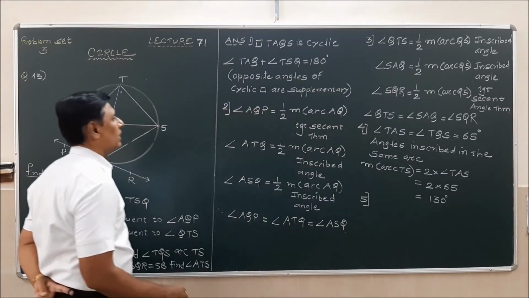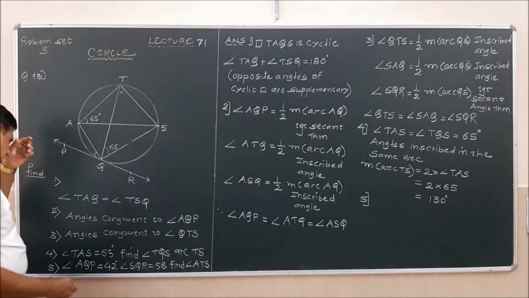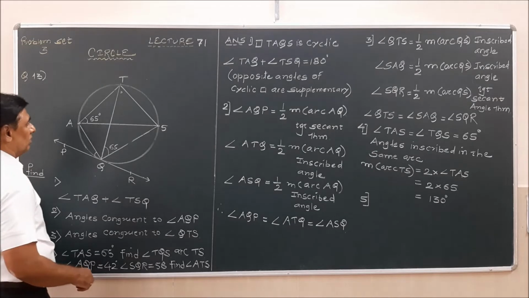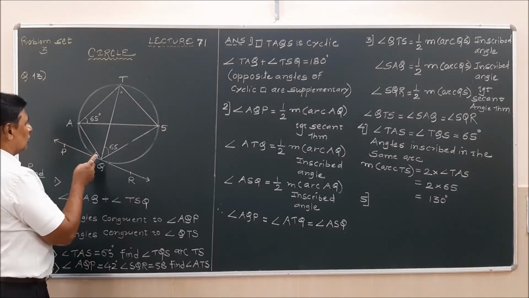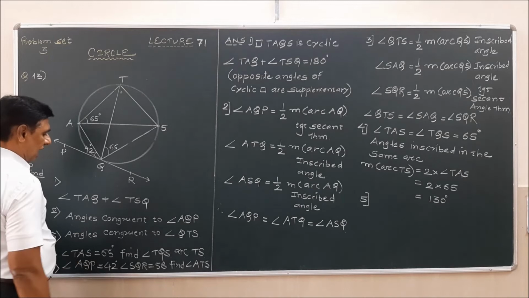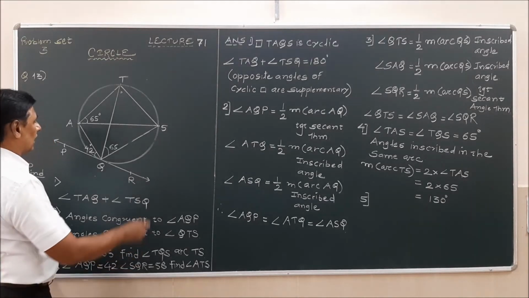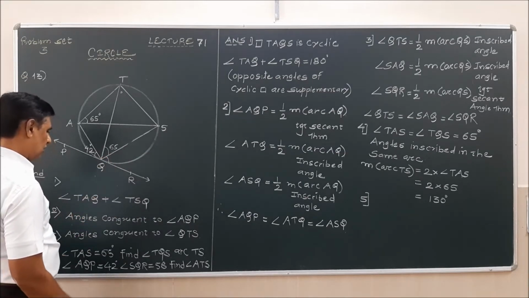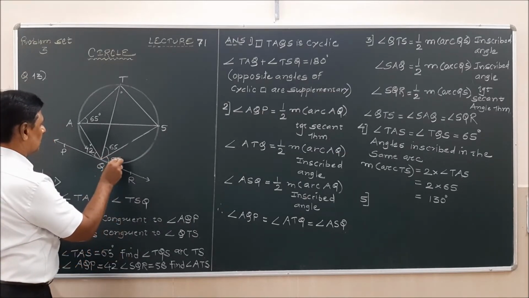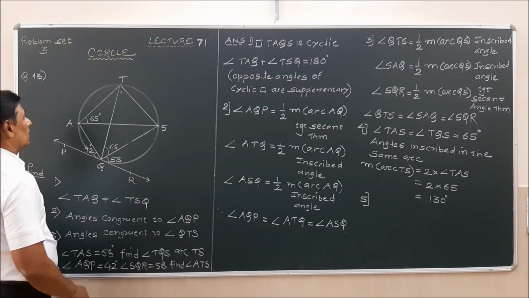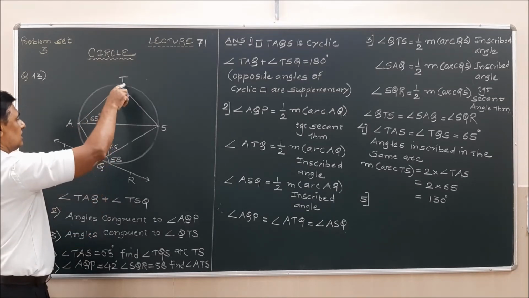Question number 5. Now next to that is question 5, which asks us, if angle AQP is 42, angle AQP, okay, if this is 42, and angle SQR is given as 58, then they ask us to find out angle ATS.